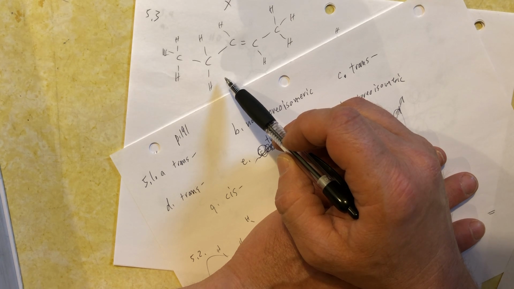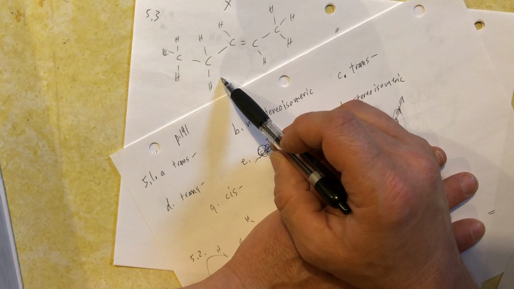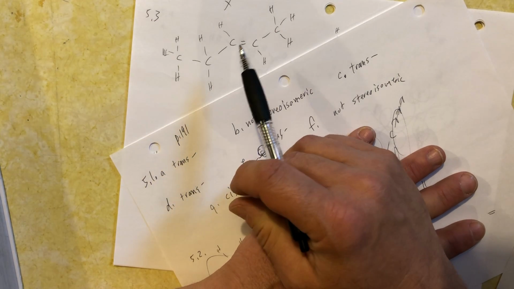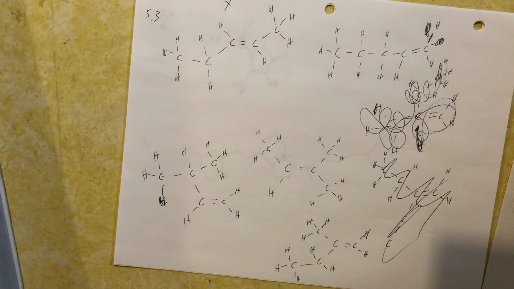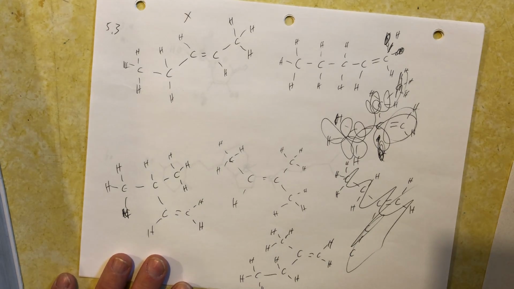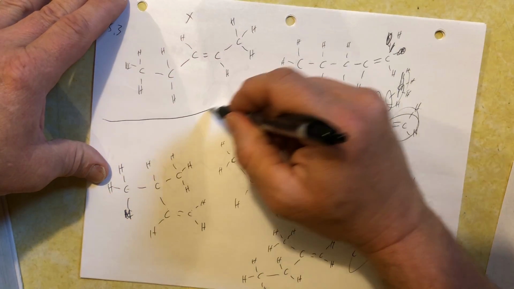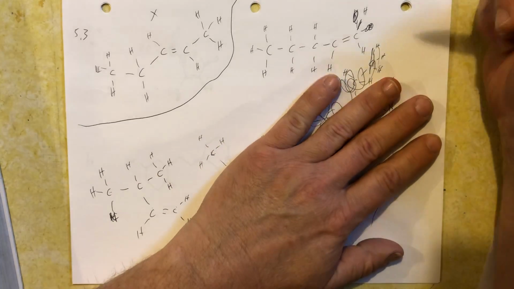Compound X. This is what I got for X. For Y, I got several things. It took a while. So this is X up here. These are what I got for all Y.